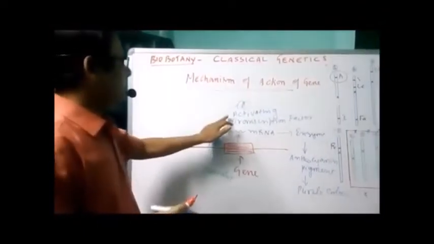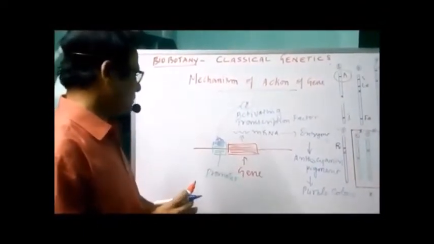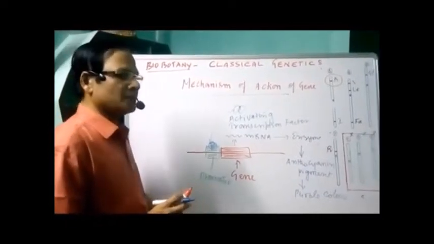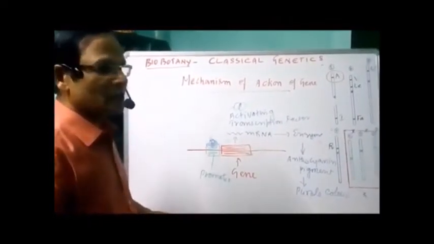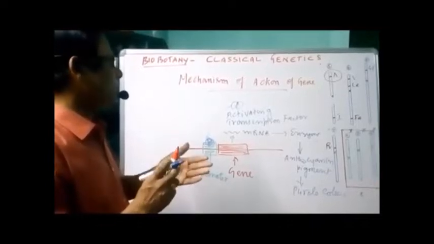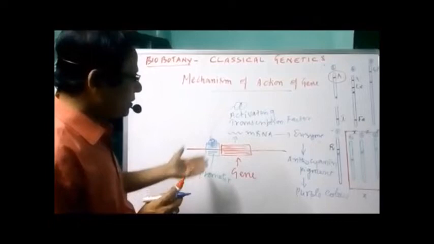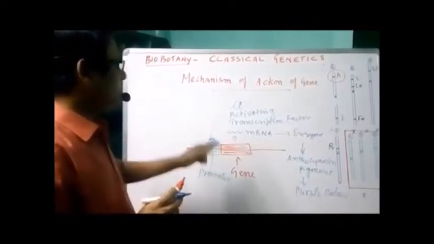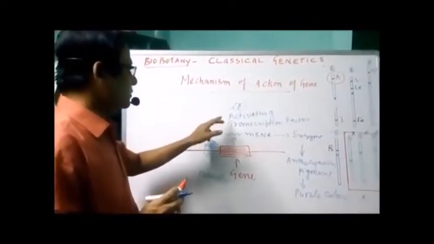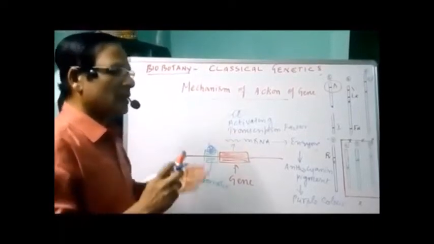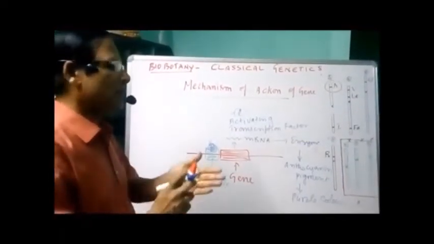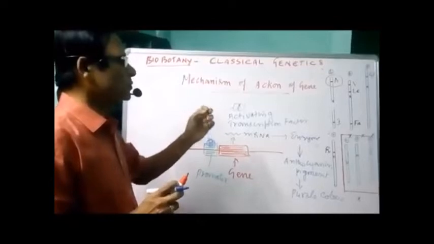Now in the absence of this activating transcription factor, though the gene is present, there is no formation of anthocyanin pigments. So the flower becomes white in color. The reason for white color is that there is no anthocyanin pigment because the active transcription factor is absent, since it is an on-off switch.